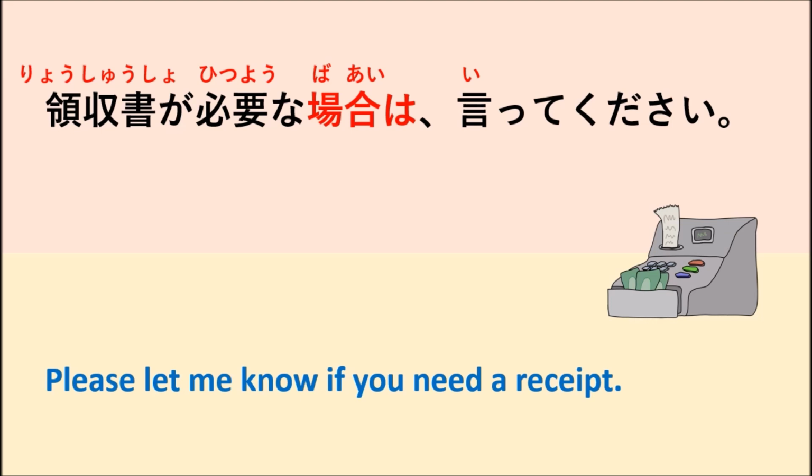You can translate it as "in the case" or "if," but in Japanese, just use Baai only. So this is about how to use it with the na adjective, the i adjective, and the verb, right?